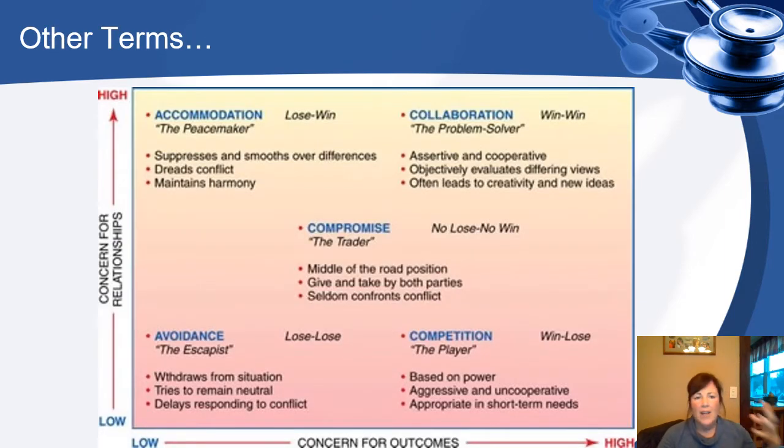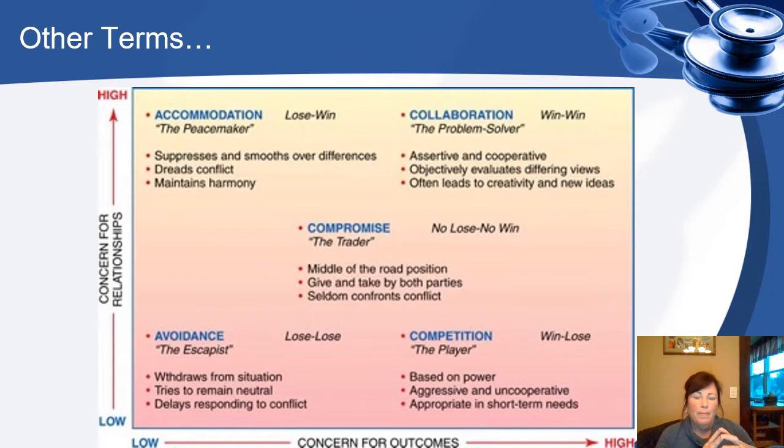I really like this graph. It puts it into a nice way of looking at conflict strategies by two areas: is there a low concern for relationships or a high concern for relationships, and is there a low concern for outcomes or a high concern for outcomes? You can see that these different types of conflict strategies fall in different areas.